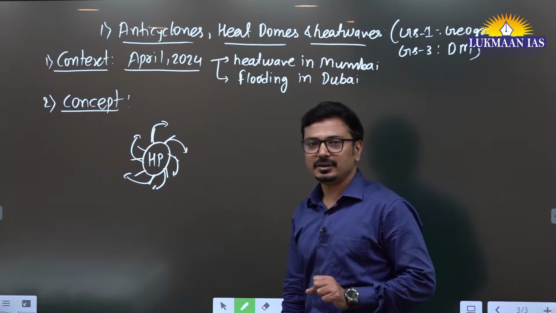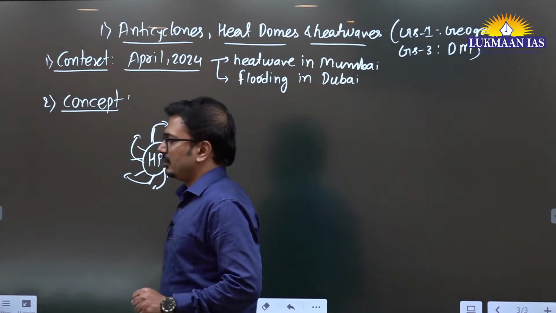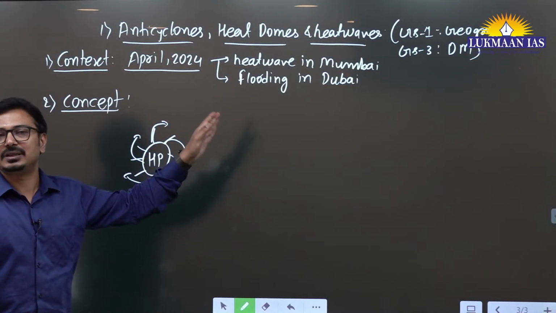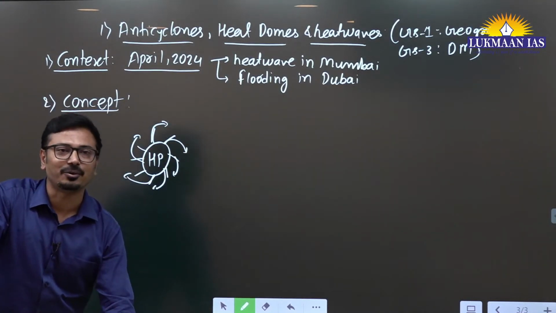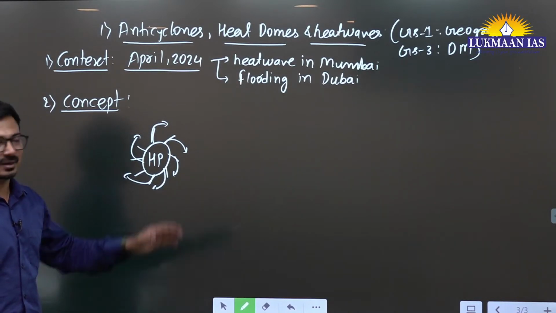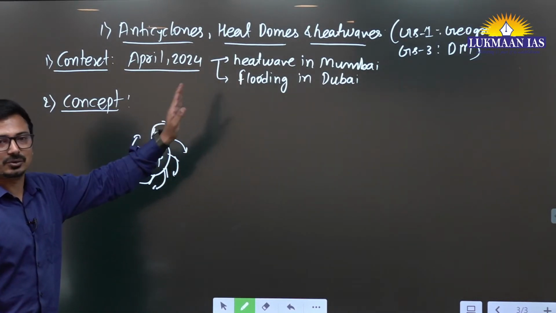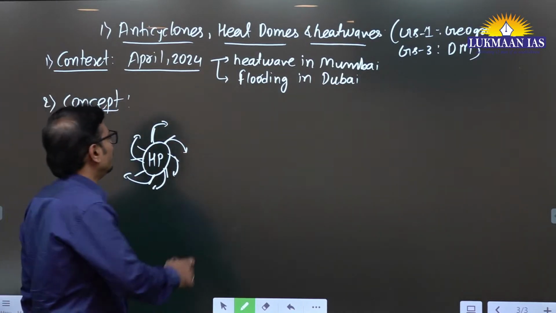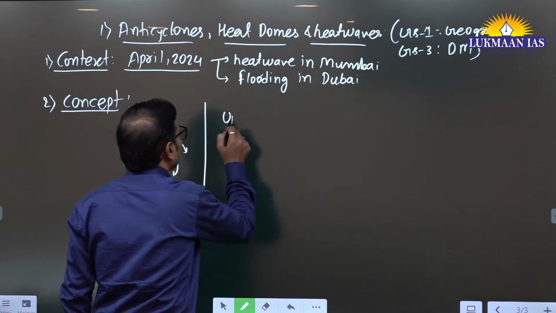Is this clear? Now, when we talk about this link, the anticyclones are formed not near the ground but in the upper atmosphere. Here we are talking about anticyclones formed not near the ground. They are formed in the upper troposphere.